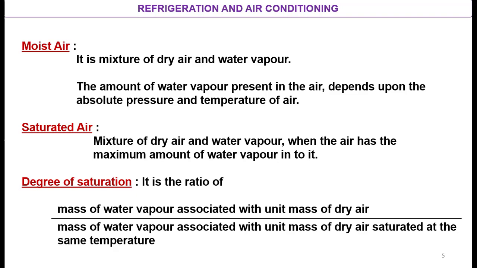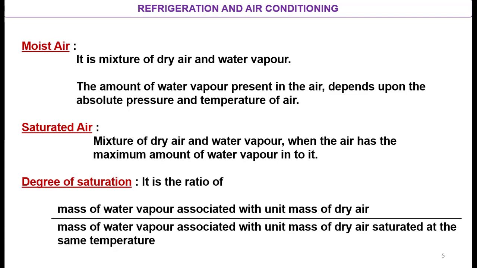There is some limit or capacity of the atmospheric air to hold moisture. At some point, air will not be in a position to absorb any more moisture, and such air is called saturated air, or fully saturated air. So that is the definition for the saturated air.